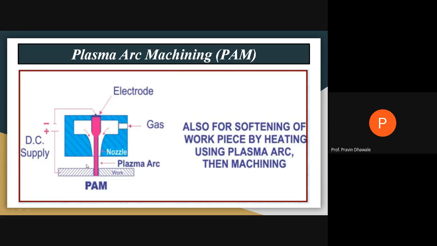By keeping sufficient distance between the nozzle and the workpiece, the arc or plasma is generated, and that plasma has very high temperature, and that is the main source to remove the material from the work. Draw the block diagram for plasma arc machining.